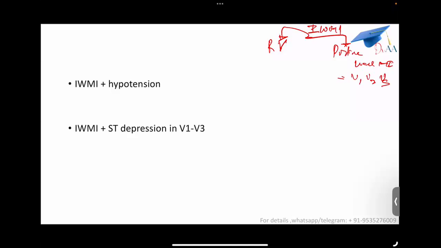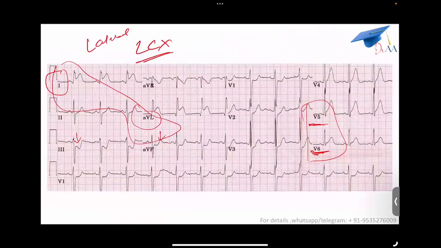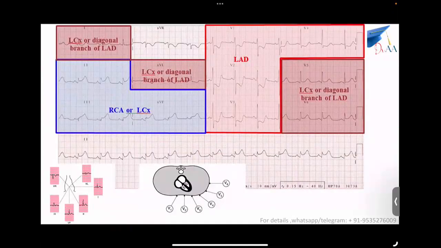We confirm it by getting a few more leads, V7, V8, V9, which go exactly behind your body. That means you get one more chest lead done here, V7, V8, V9. It represents the posterior wall, so you will be seeing ST segment elevation in these leads.